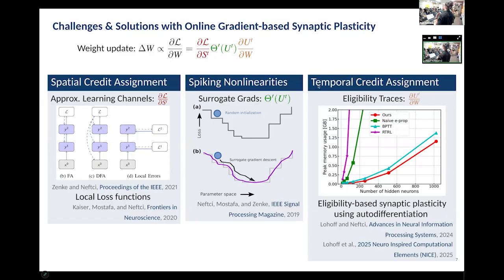Essentially, instead of backpropagating gradients through time, you can forward propagate them using something like RTRL, real-time recurrent learning. You might have heard this from Anand's talk if you were there.